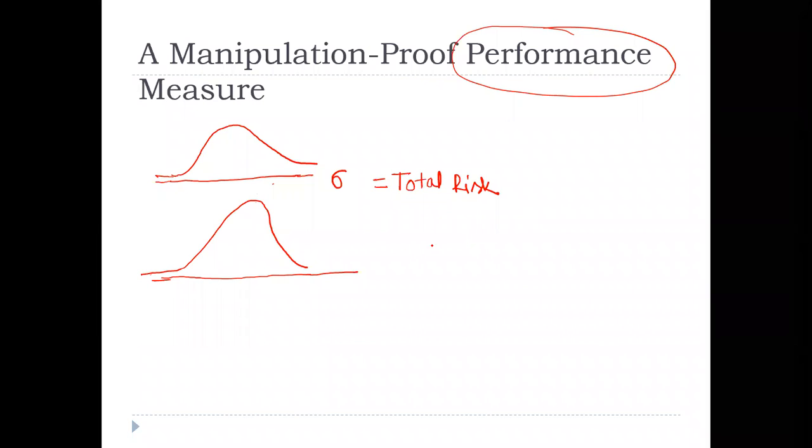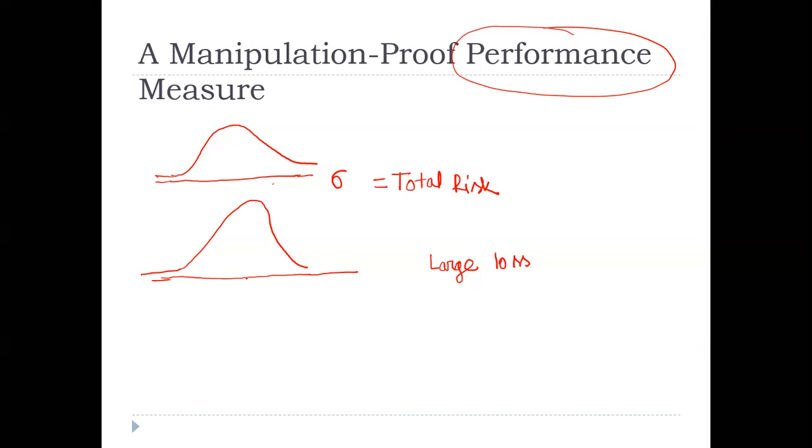So if I ask you what is the probability that a large loss will occur, will you stay here or go in this direction? A large loss lies in this area or in this area?